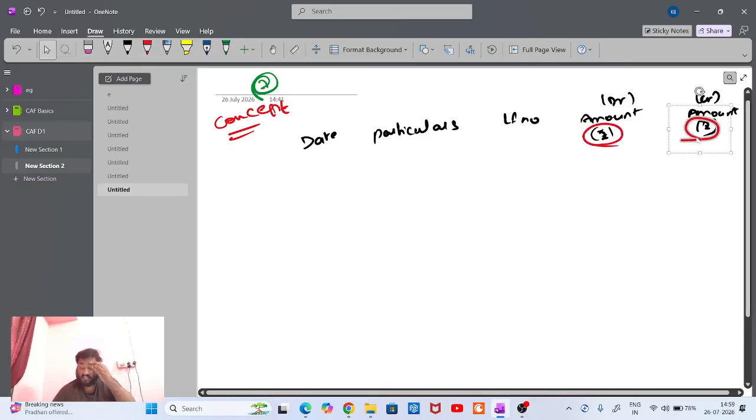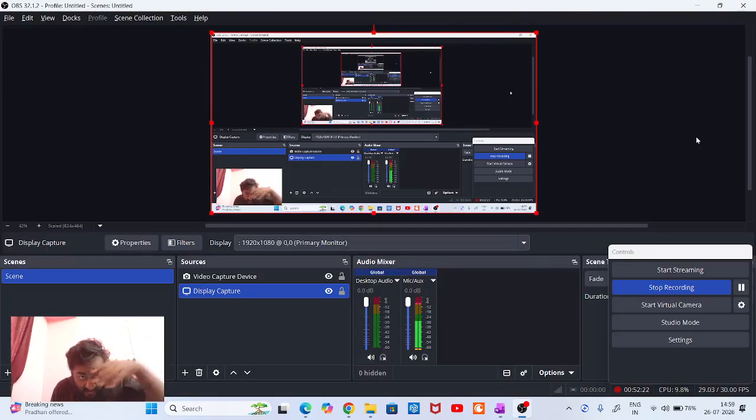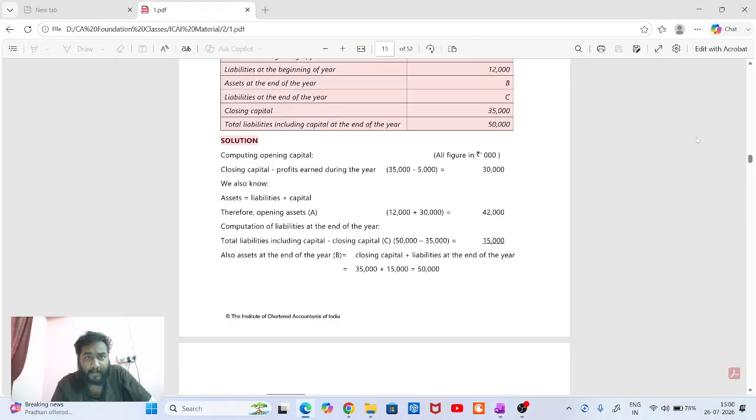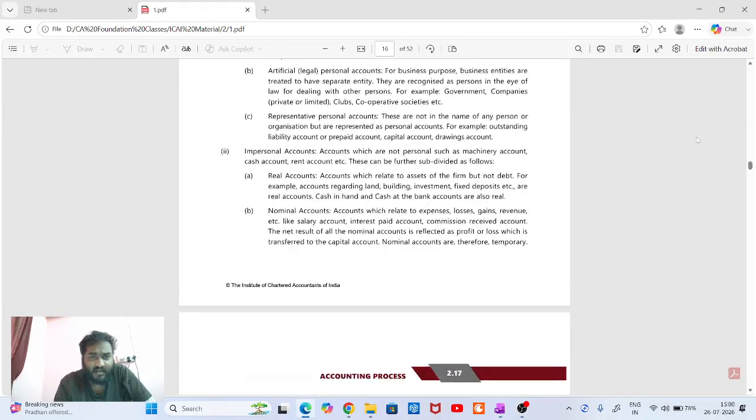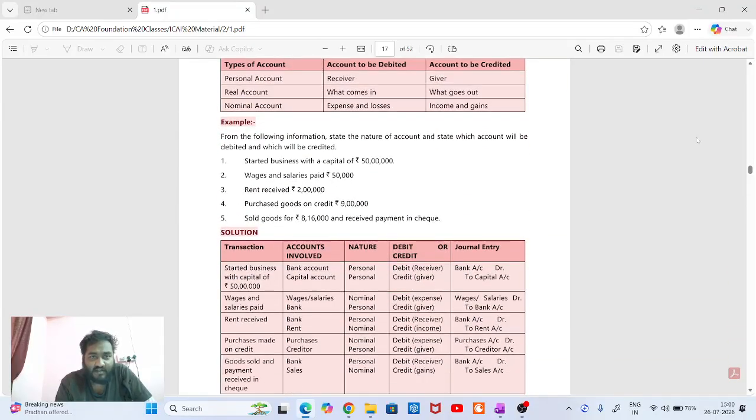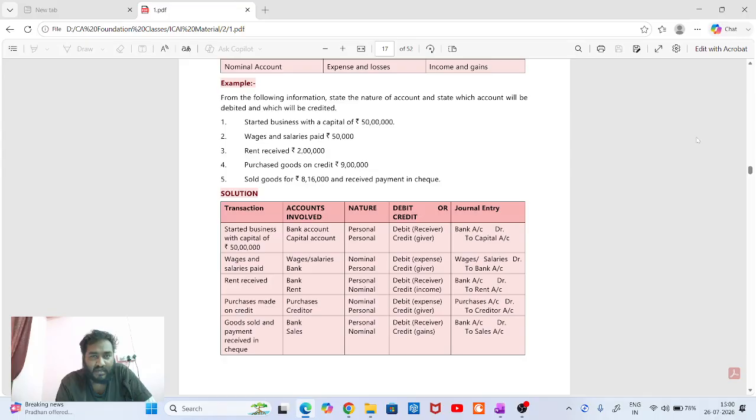So the question here is, it says traditional classification, golden rules. We have talked about this example.